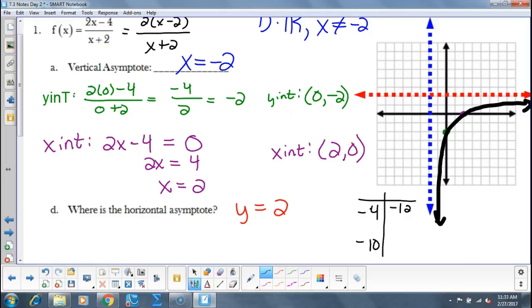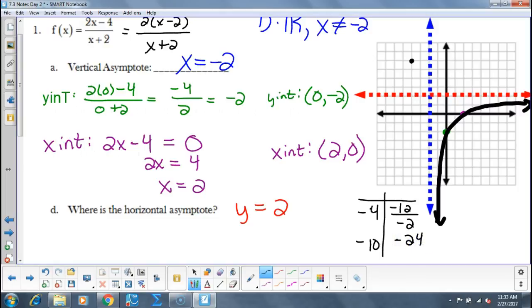Negative 4 plus 2 is negative 2. So negative 12 divided by negative 2 is 6. 1, 2, 3, 4, 5, 6. So I go through that point right there. Negative 10 times 2 is negative 20. Minus 4 is negative 24.